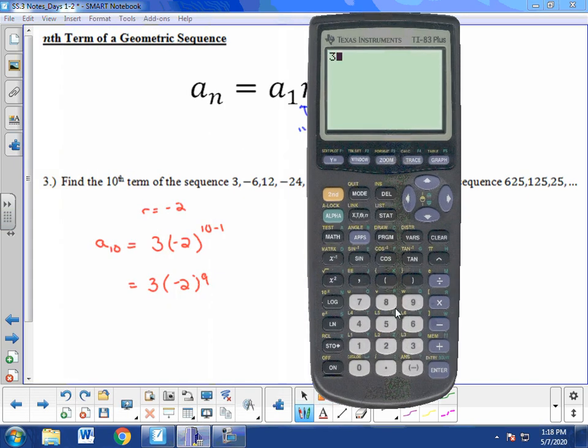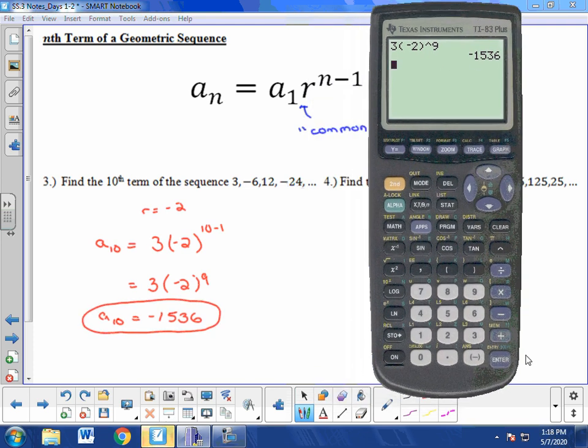So if we use this formula and substitute correctly, we only have to do one step in the calculator this time. We can type in this expression, and this would tell us that the 10th term is negative 1,536. Again, let's go through this the longer way. Let's say take negative 24 times negative 2. That's the fifth, sorry.